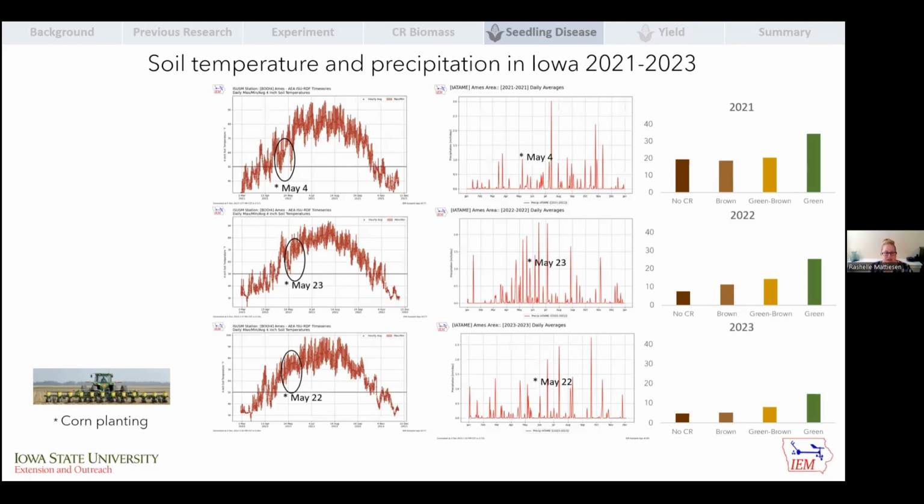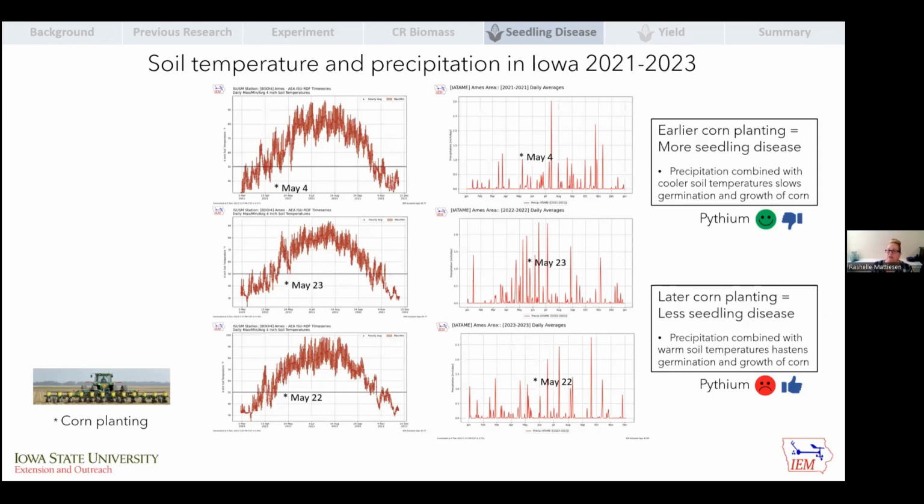The reason is, when you plant earlier, you can have more seedling disease if you have cooler temperatures and it's wetter, because Pythiums love that. Farmers don't, but Pythium loves causing seedling disease on younger plants, pre and post emergence damping off, when it's cooler and wetter.